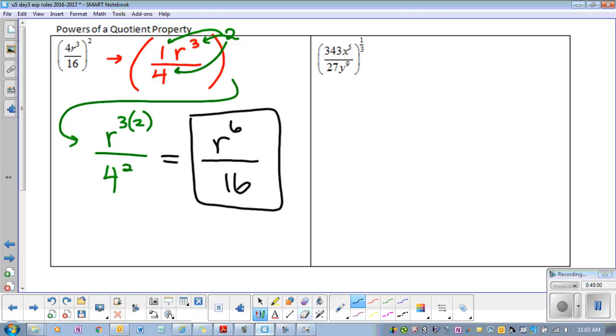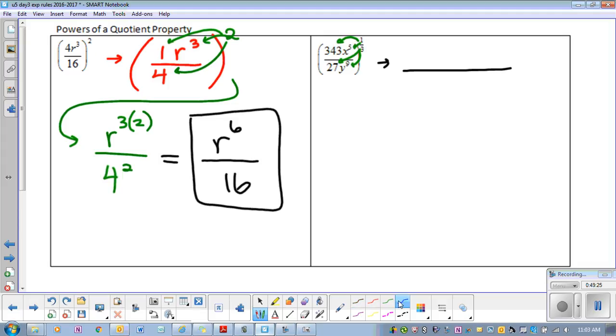Okay, so then distribute. You get a 1/3. 343 gets a 1/3. x to the 5th gets a 1/3. 27 gets a 1/3. And y to the 9th gets a 1/3. Do you agree? Yeah, okay.